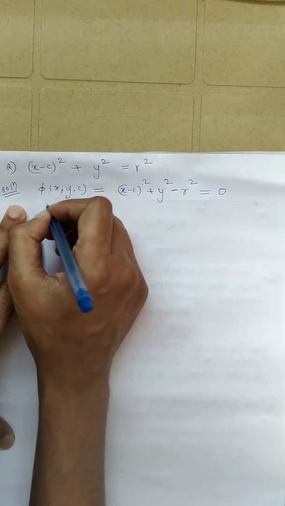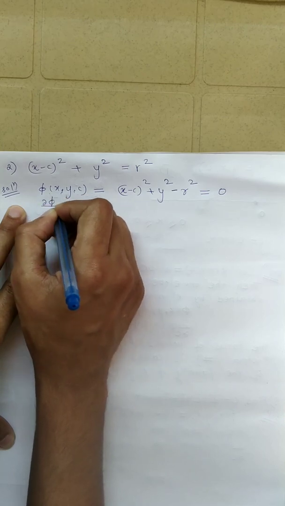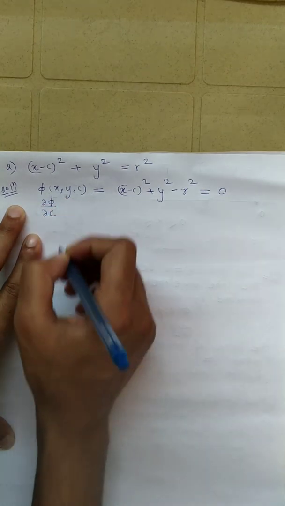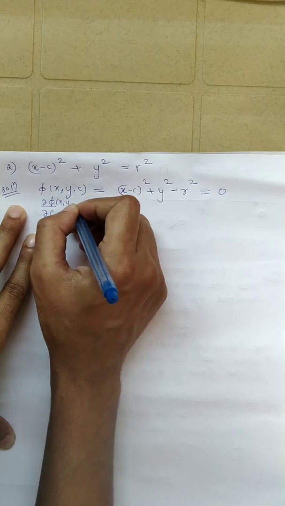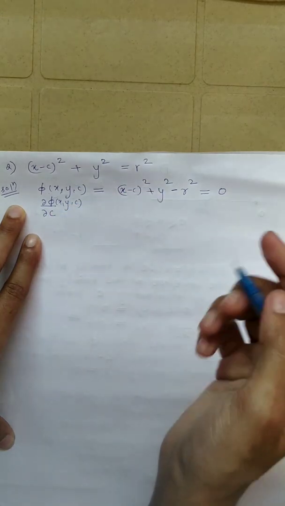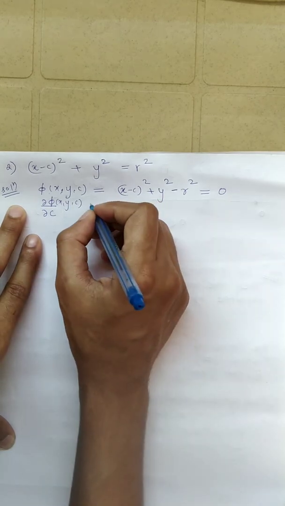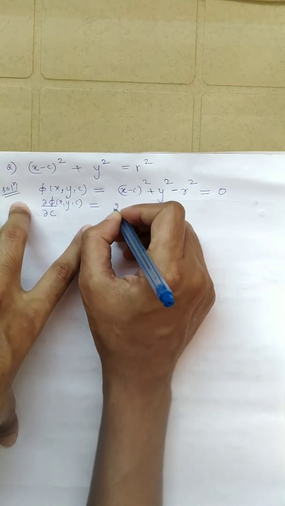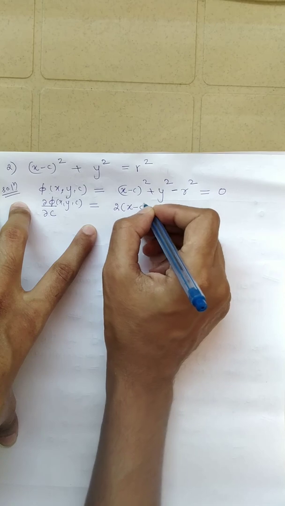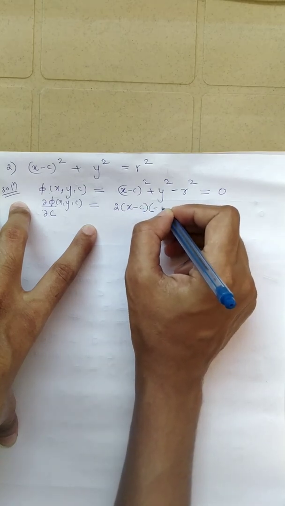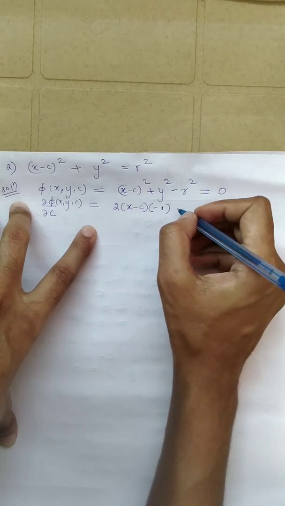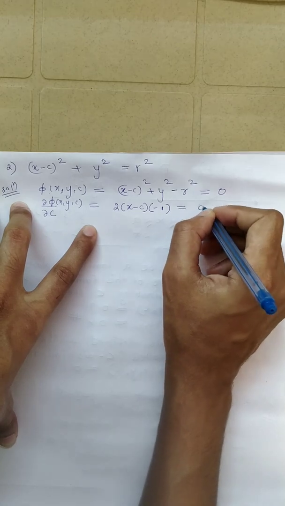Now we want to differentiate phi with respect to c and equate it to 0. So differentiating phi with respect to c will be 2 into x minus c into minus 1 equal to 0.